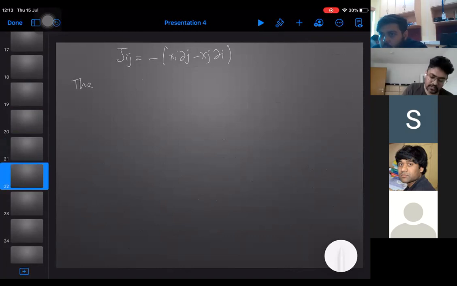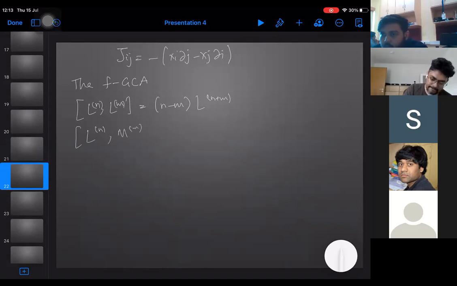So similarly, your finite GCA you can write as equal to 0.